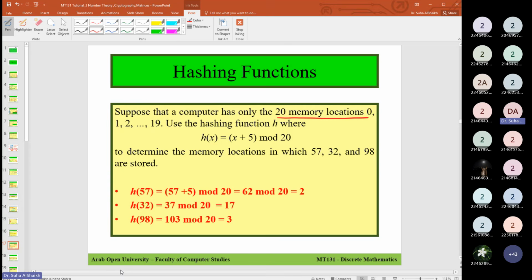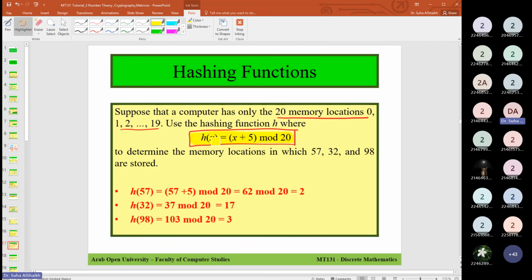They are numbered from 0 to 19, like the letters there were numbered from 0 to 25. Now I have the memory locations in the computer numbered from 0 to 19, and the hashing function in this case will be h of x equal to x plus 5 mod 20.